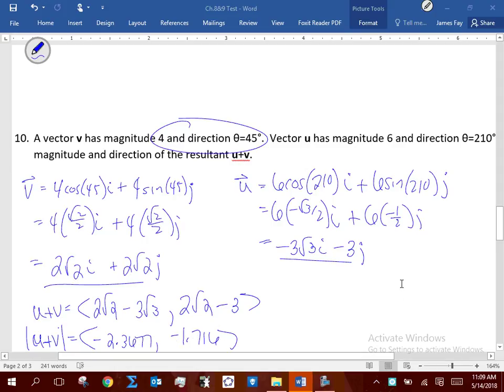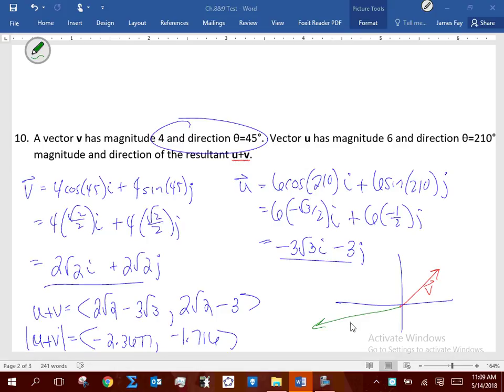So what's going on here, guys, picture-wise, is that we've got some vector v, which is maybe that vector right there. So that's v. 45 degrees and a length of 4 should be in the first quadrant. We have a vector u, length of 6 and 210 degrees. So that would be maybe here. So that's u. So u plus v is going to be negative 2.3677 and negative 0.1716.